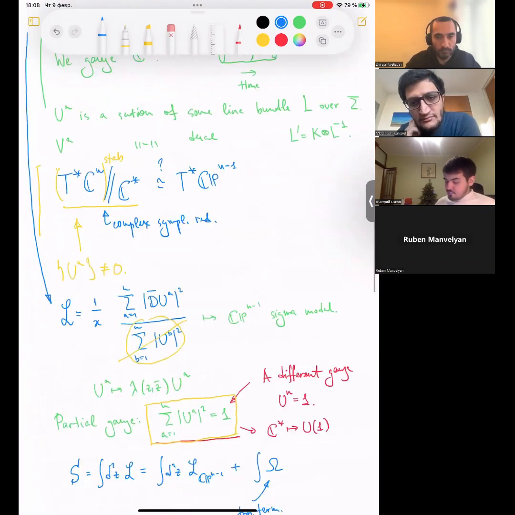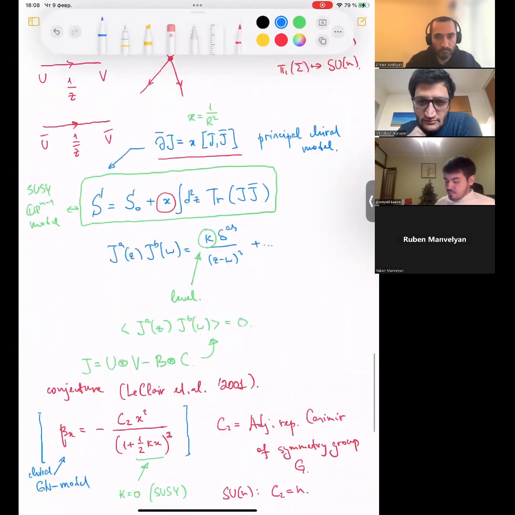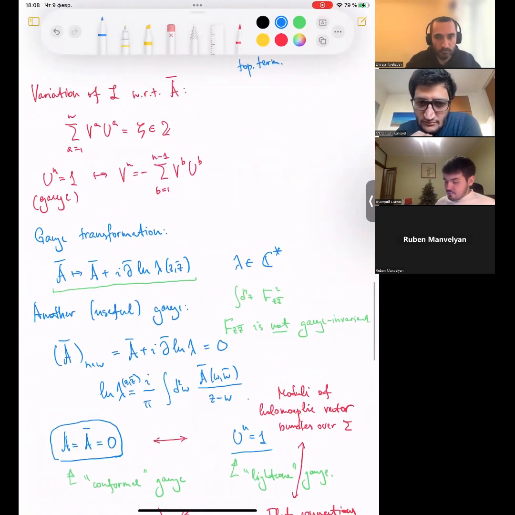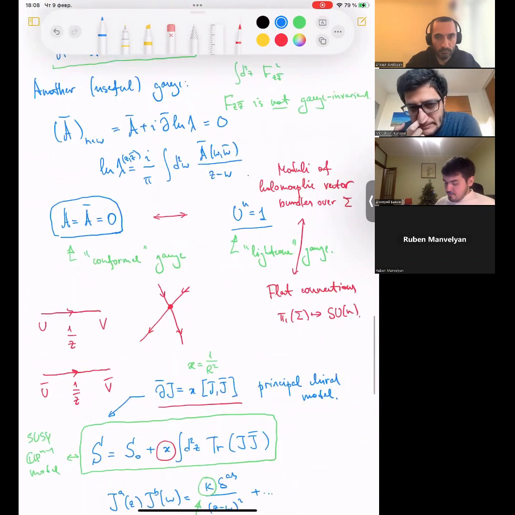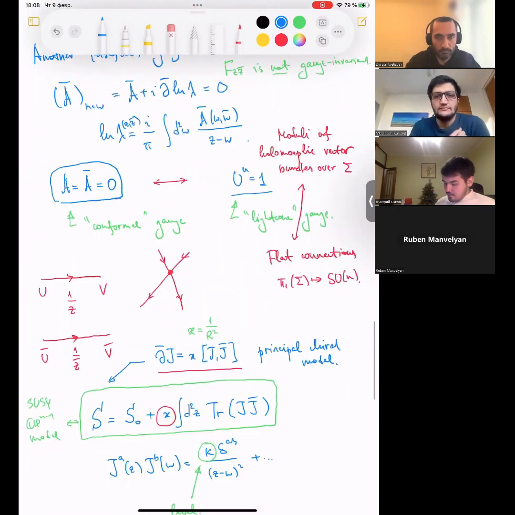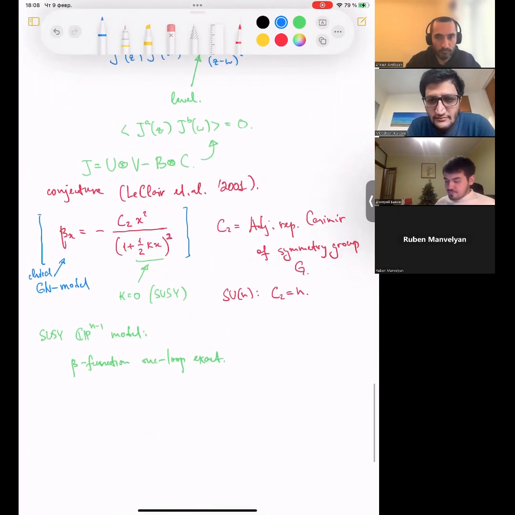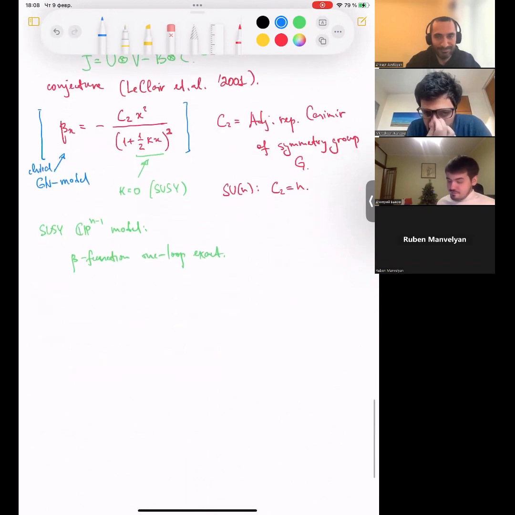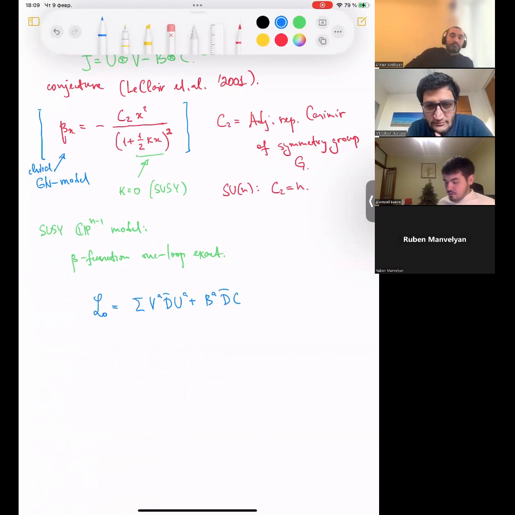This is also the reason why when I was writing the supersymmetric case, I was using these BC variables. I was starting with the action L0, which was V_A d bar U^A plus B_A d bar C^A. So this is like a BC system.